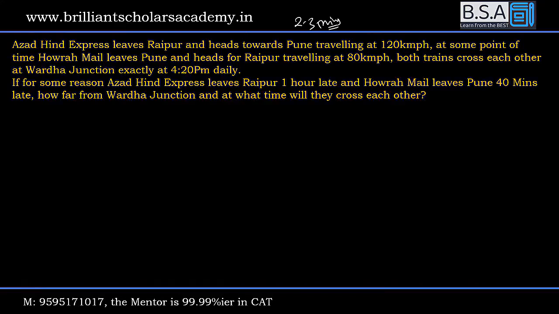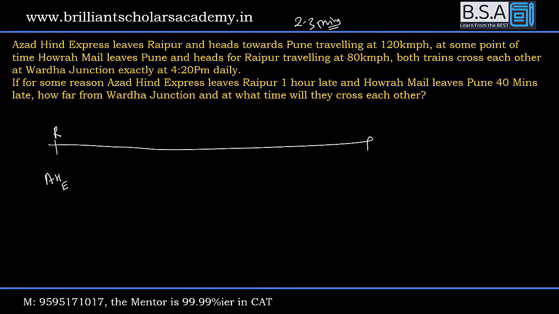So you start focusing on locations and names. Azad Hind Express leaves Raipur heading towards Pune, speed 120 kilometers per hour.